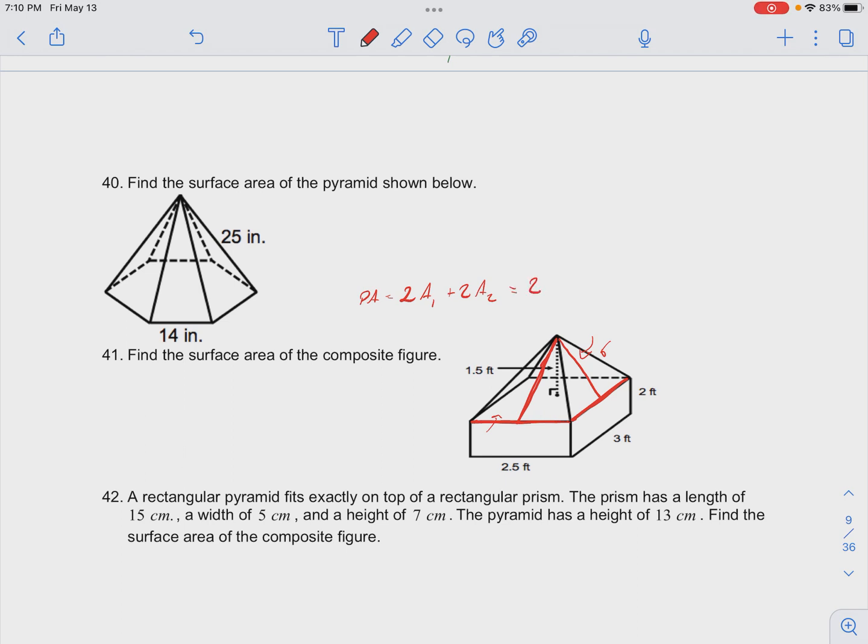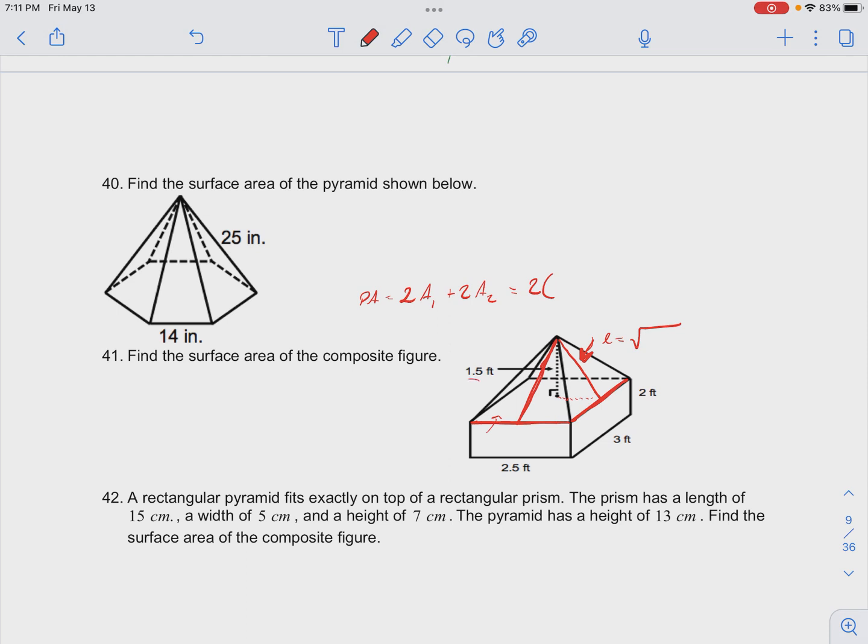So expanding this, now we have to find the slant heights. So finding the slant height of this one first. That one we can construct a right triangle to the center of the pyramid, and we can say that it has a length L given by the Pythagorean theorem. So that'll be the square root of the two sides squared added together.